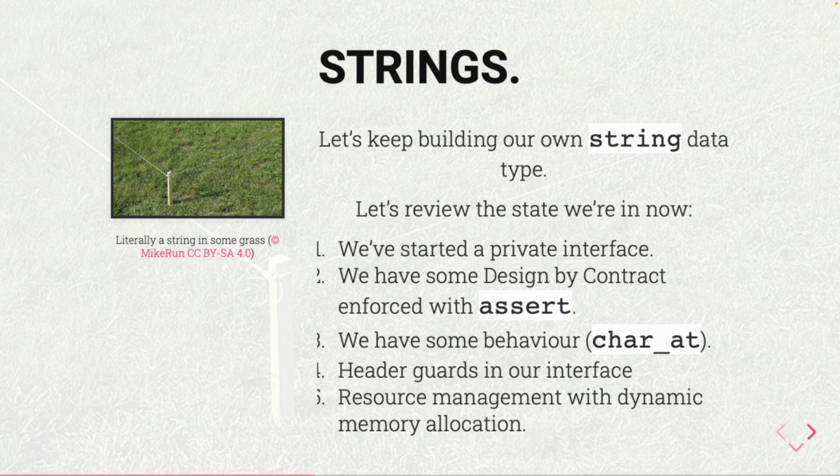We have some behavior that a user of the string can call. We have header guards to prevent the parts of the H file from getting defined twice when including the file in multiple other files. And we dove into dynamic memory allocation to avoid some of the resource management problems that we encountered earlier in the course.